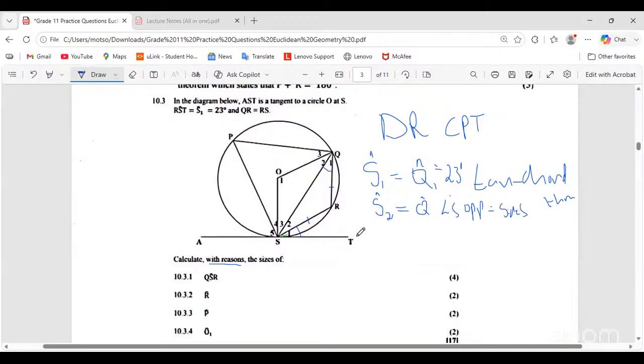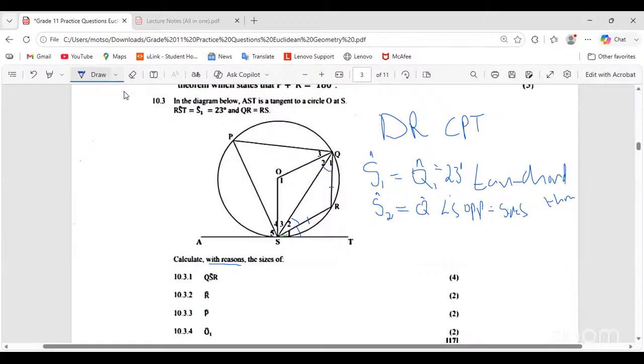Remember, we are looking for QSR, which is exactly equal to angle S2. Therefore, this is the answer for question 10.3.1.